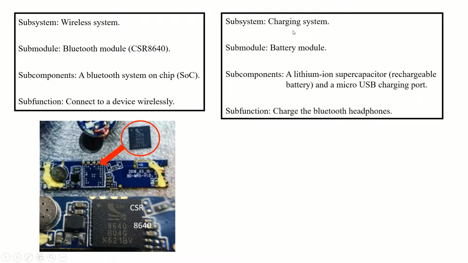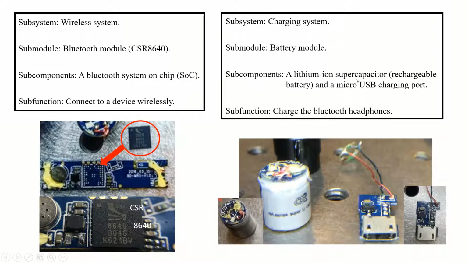Lastly, for charging system, we use battery module. In this part, a lithium-ion supercapacitor as a rechargeable battery and a micro USB charging port are used as the components. Its function is to charge the Bluetooth headphones. After all, we can summarize all of the information into 5 branches.